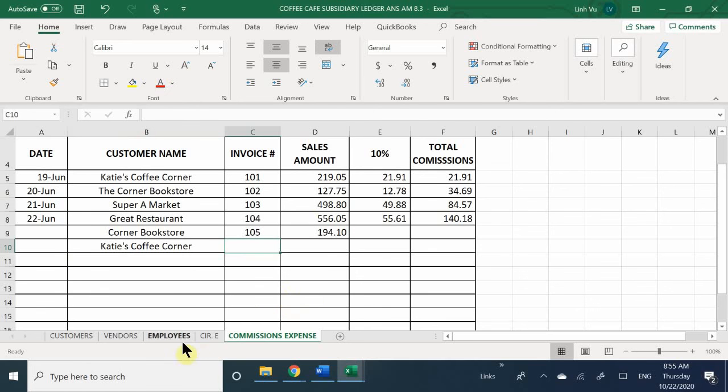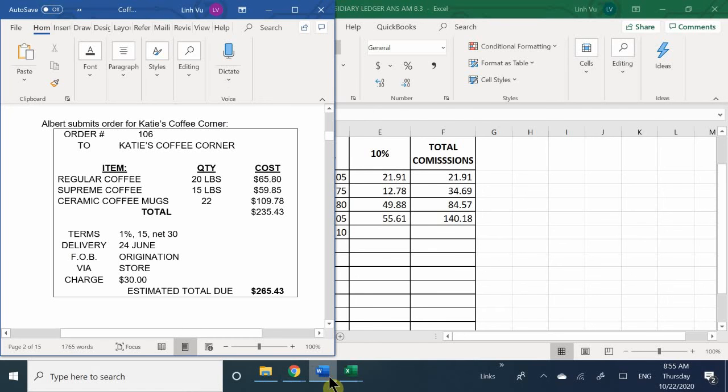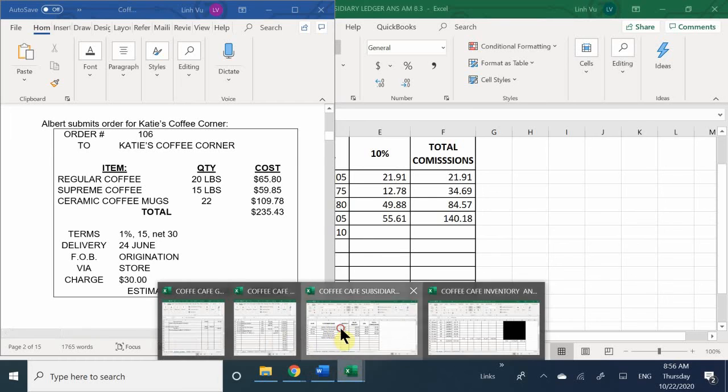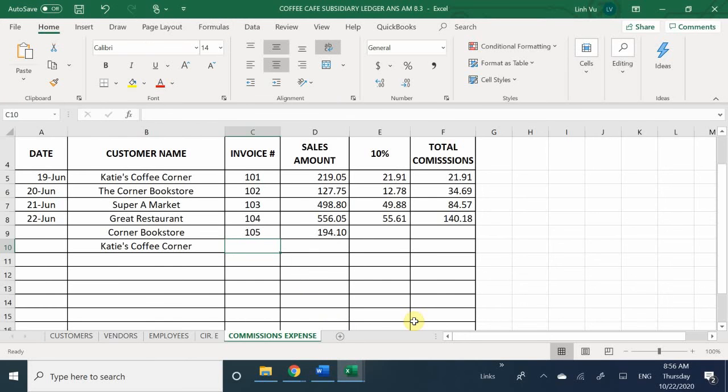So what invoice number was this? 106. Okay, 265.43. That's a potential. If Katie's Coffee Corner calls in and says, "I want to cancel it," then we have to eliminate that completely, and he doesn't get any commissions off of that.